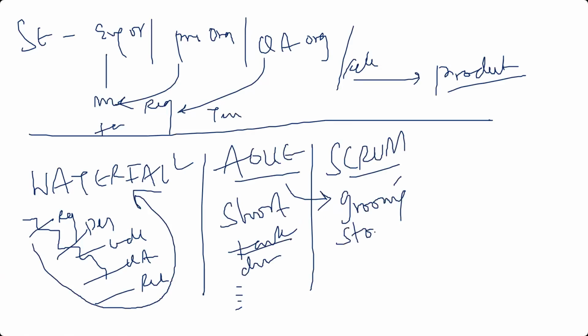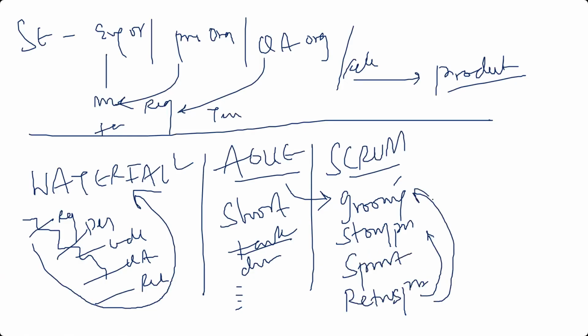Then you give story points, which is the amount of hours you need to build a feature, and you define a sprint. After the sprint is completed, you do a retrospection on how your sprint went. Do I need to change my story pointing? Do I need to groom better?